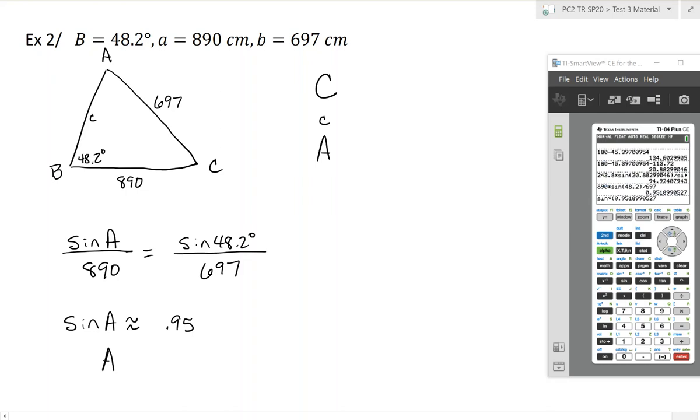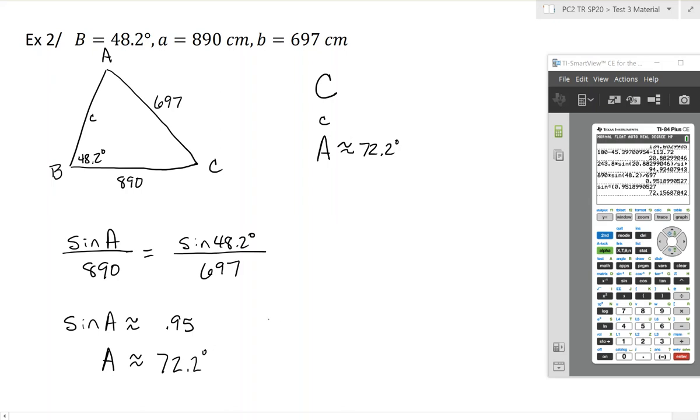And so big A is about 72 degrees. Actually, we'll go ahead and round to 1 decimal place since they've given the angles to 1 decimal place.